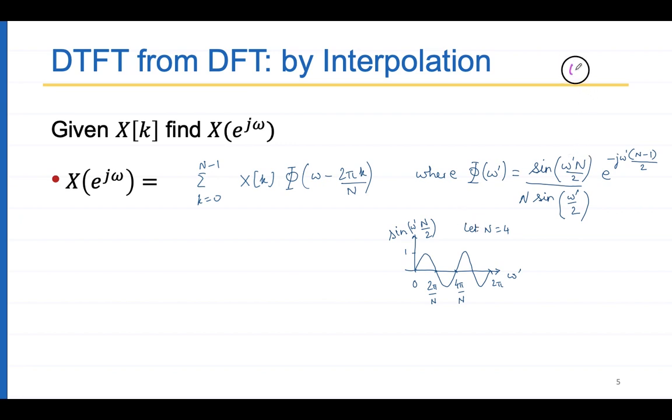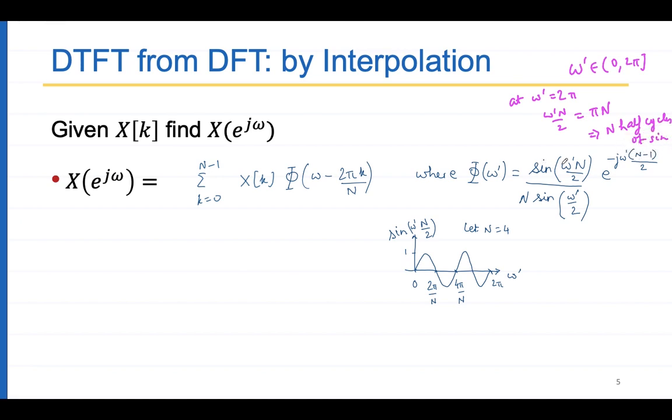So I'll just write it down again. When omega dash goes from 0 to 2 pi, at omega dash equal to 2 pi, this term omega dash N by 2 is equal to pi N. So this implies N half cycles of sine.